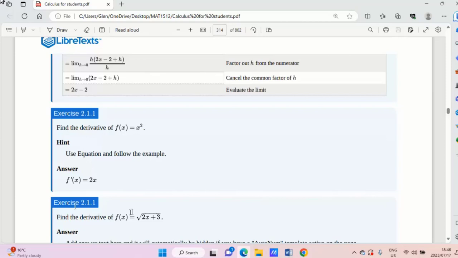So then I went to work with the numerator, canceling out the 2 x's. I'll be left with 2h. The 3's also cancel out. So I'm left with 2h all over the square root of 2x plus h plus 3 plus the square root of 2x plus 3.